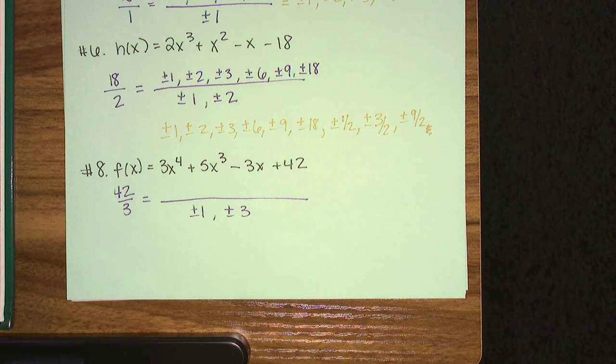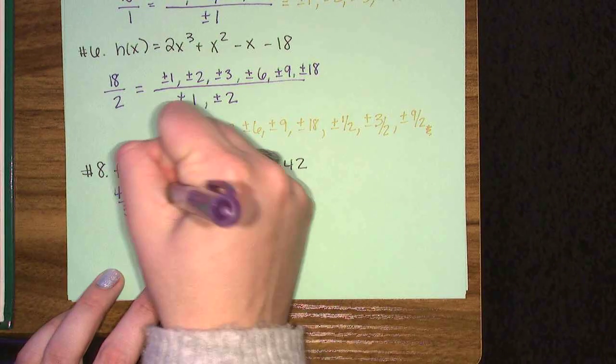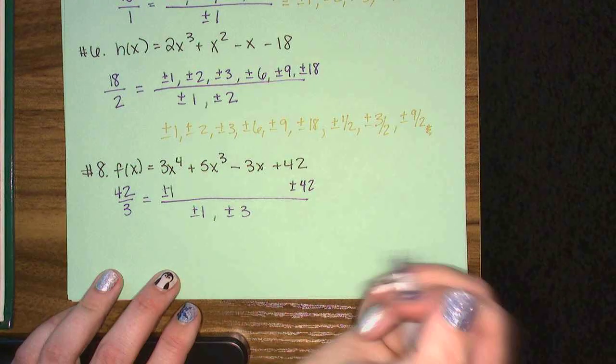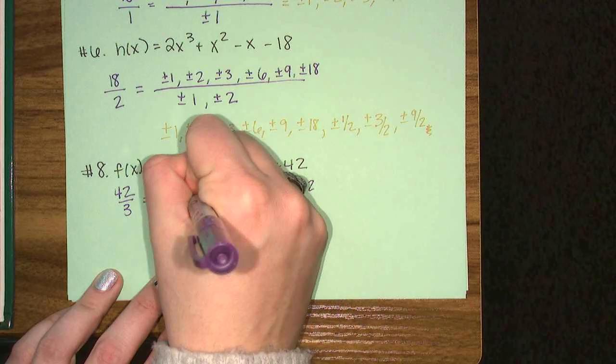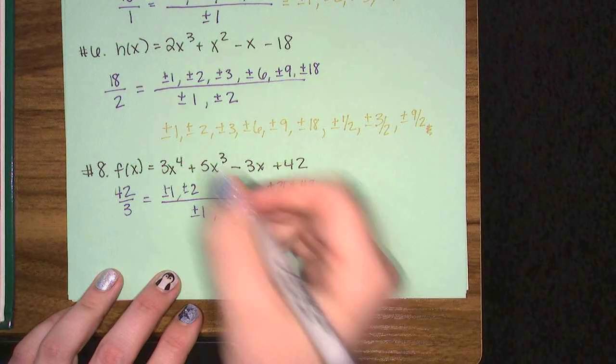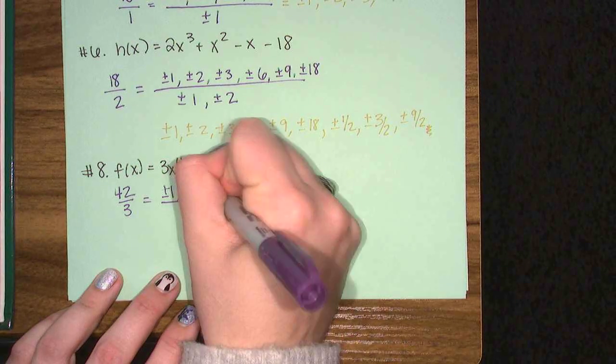So like 1 and 42, and then 2 and 21. If you want to, you could do 1, and then out here 42, and then your 2 and 21. And then what did y'all say 3 is?